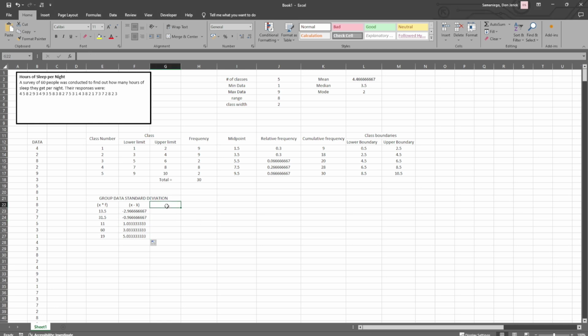The next is the X minus X bar squared. To get that, it is simply equal to the X minus X bar raised to 2. Then spread.